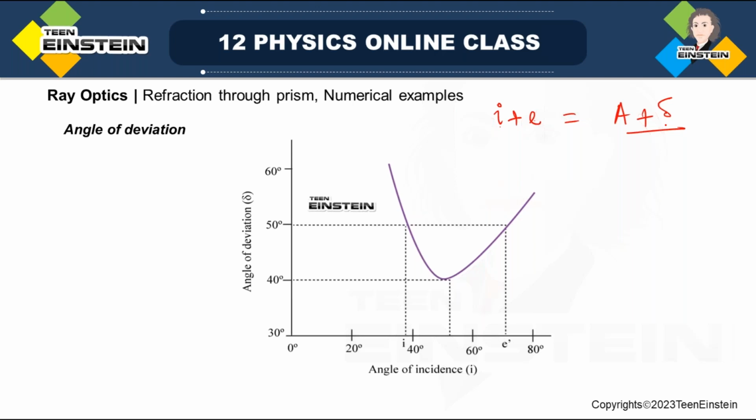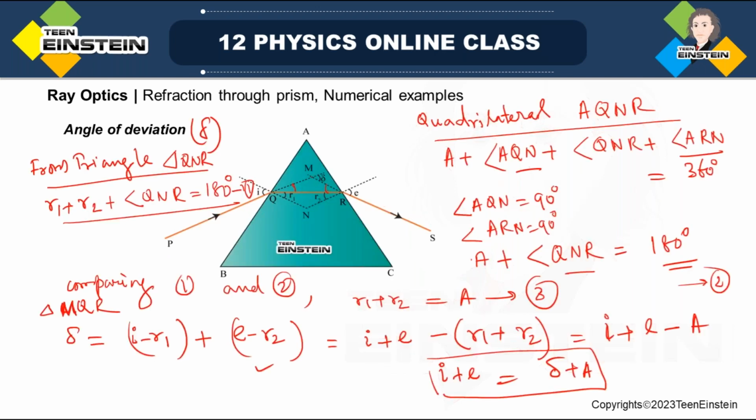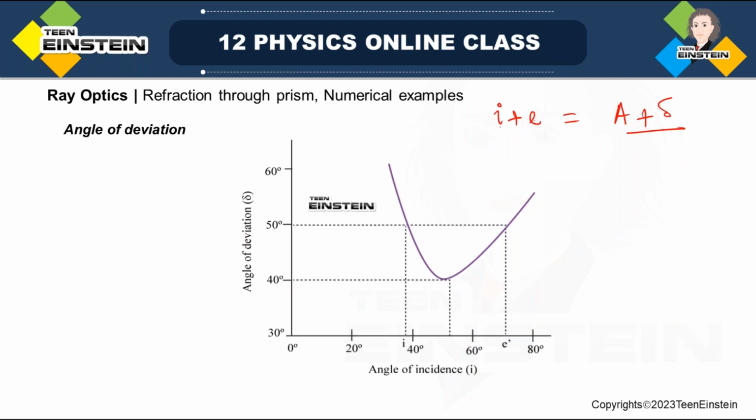Now we'll try to understand what is called minimum angle of deviation, and one more thing we'll discuss, the factors on which the angle of deviation depends. So we have already come up to here, where we have got I plus E, that means angle of incidence plus angle of emergence is equal to the angle of deviation plus angle of prism.